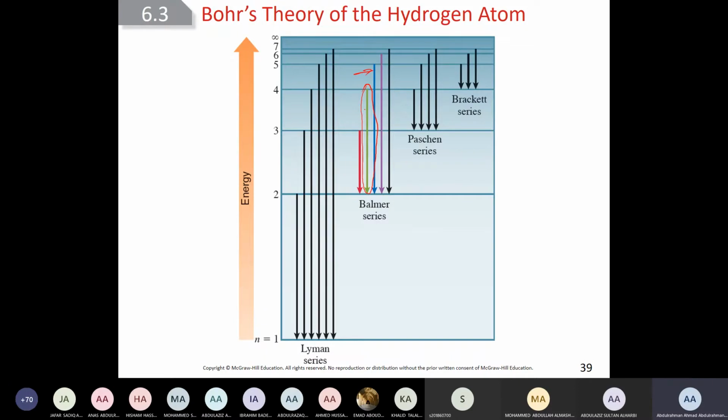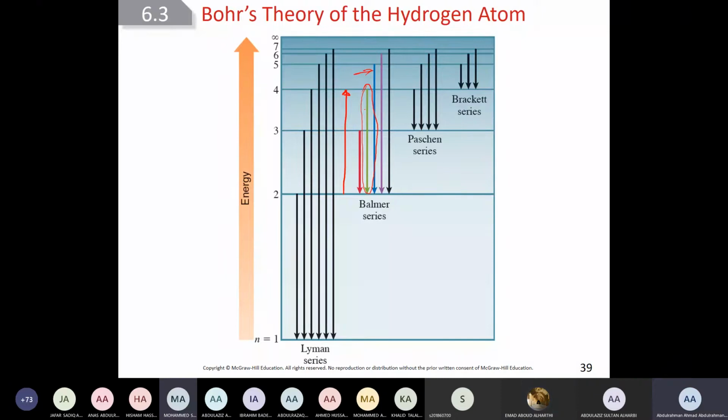Now, I want you to understand, what will be the energy going from 2 to 4? The green, but what's the difference?